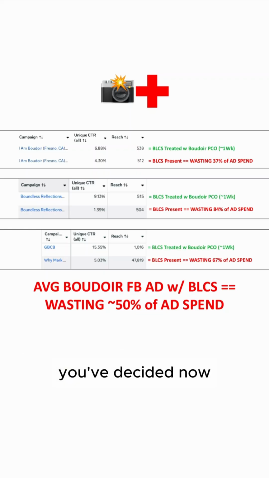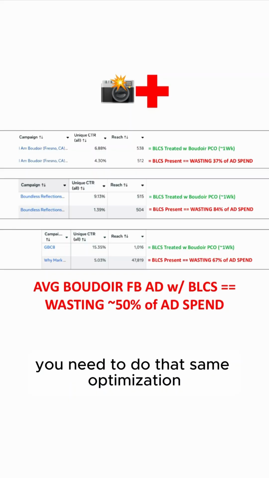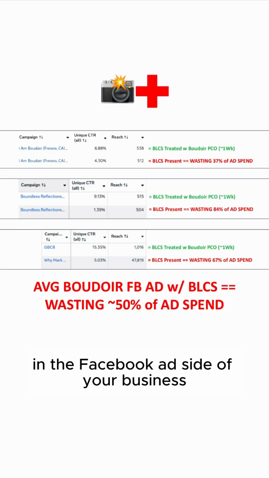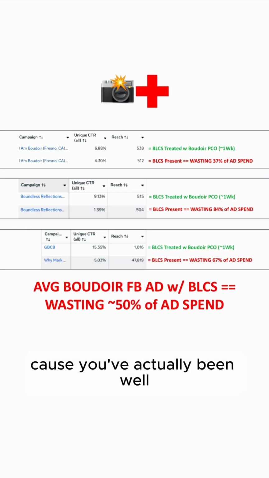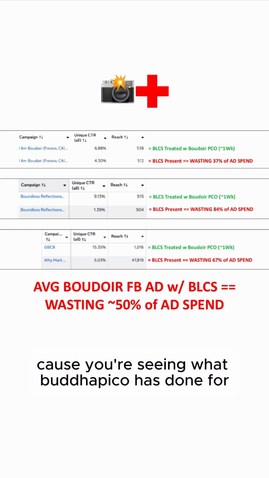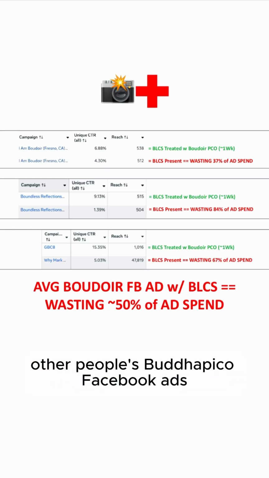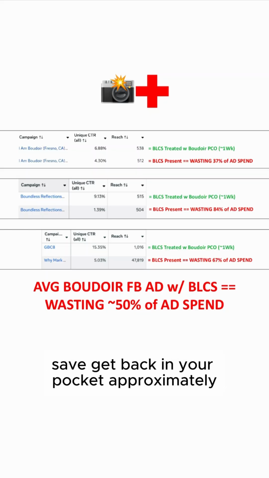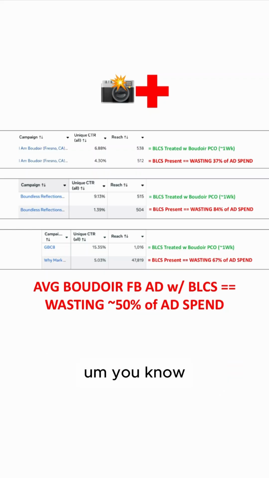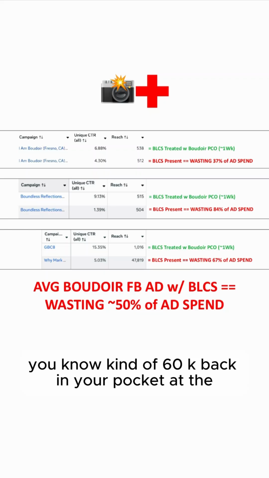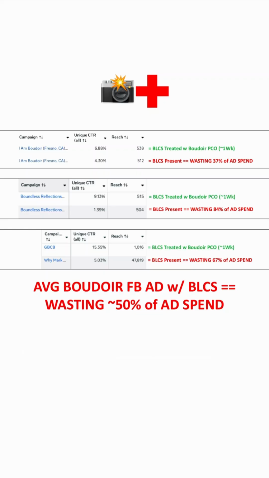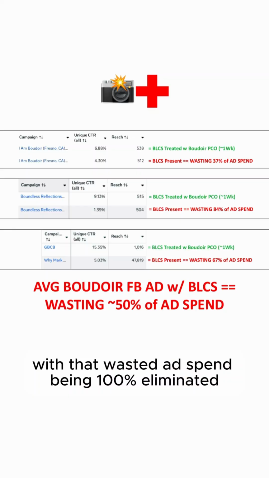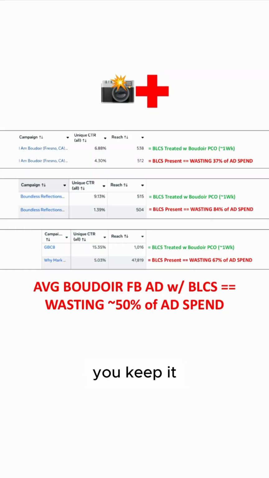You've decided now you need to do that same optimization in the Facebook ad side of your business, because you're seeing what Boudoir Pico has done for other people's Boudoir Facebook ads, and you want to get back in your pocket approximately 5K every single month, or kind of 60K back in your pocket at the end of the year. With that wasted ad spend being 100% eliminated, you don't have to spend it, you keep it.